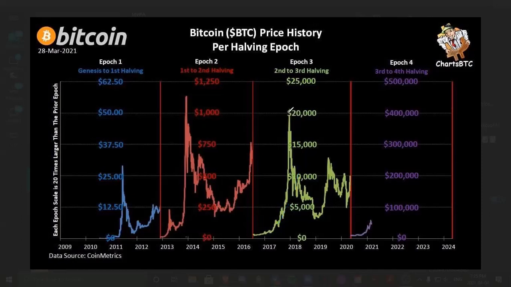And then price pushed back down to 5,000, 3,000 somethings. This is what we saw during COVID, and then price pushed up during the halving and averaged out around that 10,000 area. This is where we're at right now.